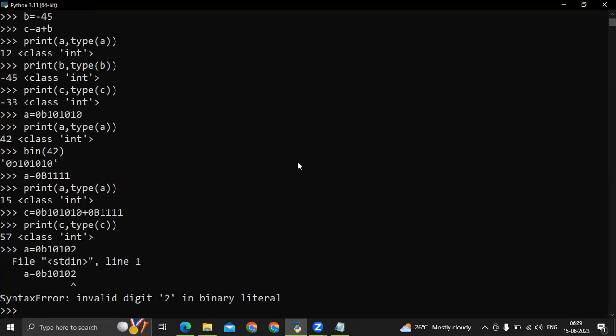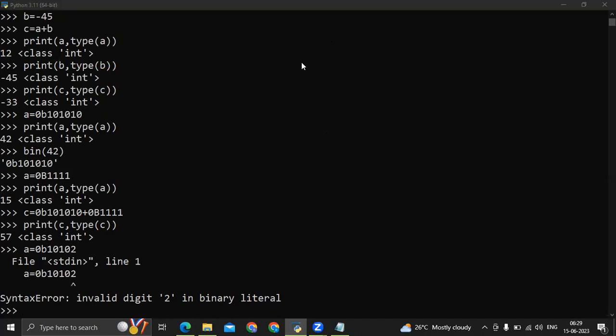So we know in binary literals we have the 2 digits, 0 and 1. Is this clear, students? Please confirm. Okay, good.